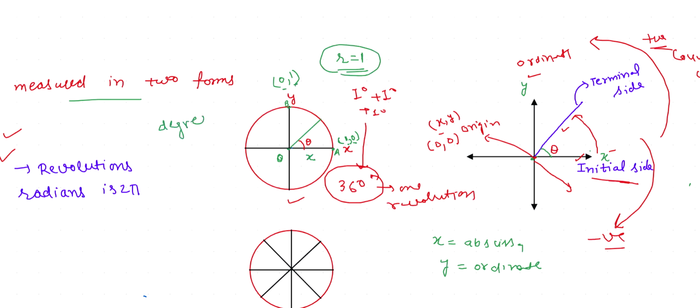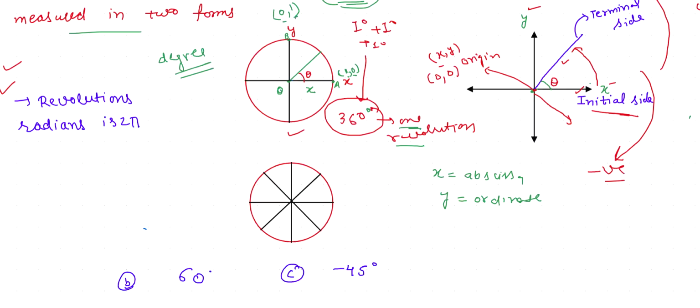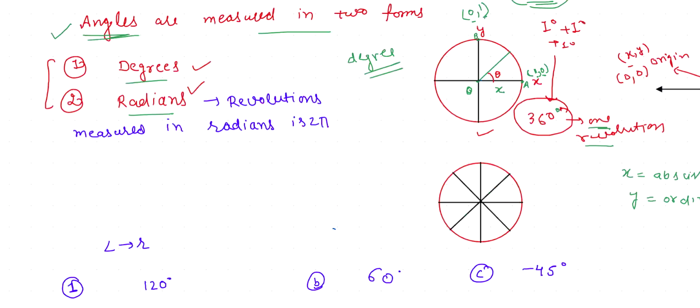How this circle comprises 360 degrees, that is one revolution. And then coming to radians. When a revolution is measured in radians, it is 2 pi. Pi is a constant, and its value is approximately 3.14.